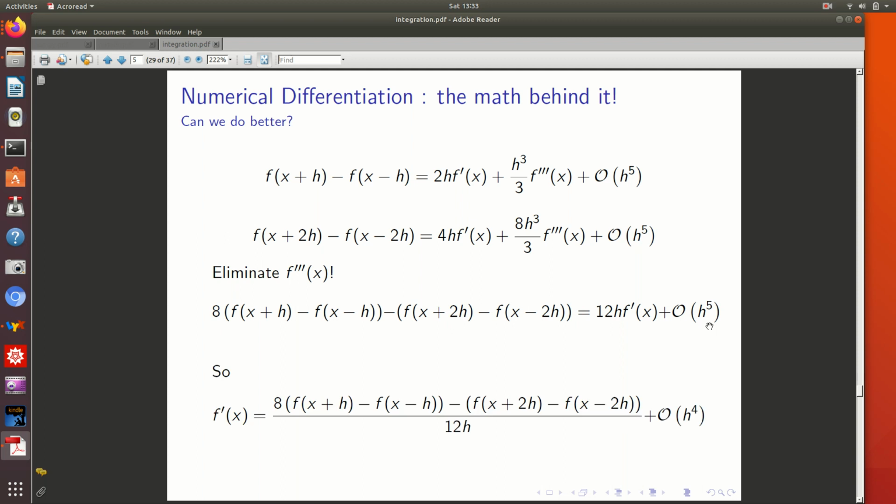Rearrange this and you get a formula for f prime which involves f of x plus h, f of x minus h, f of x plus 2h, f of x minus 2h. To get the derivative at the point x, you need the values of the function up to 2 steps to the right, and up to 2 steps to the left. And this has a much lower error, an error of order h to the 4.